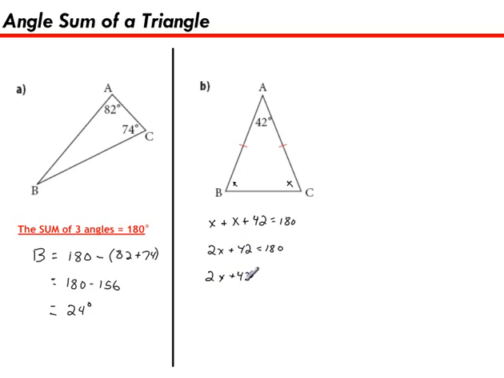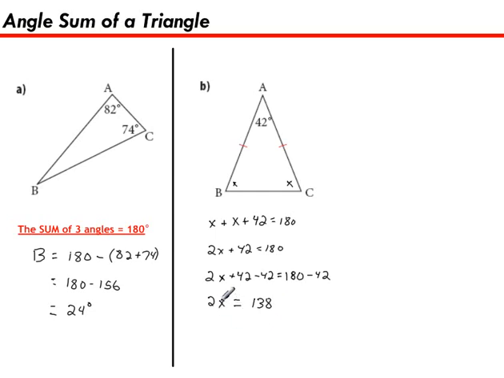Plus 42, and I'll say minus 42, is also equal to 180 minus 42. And next I'll clean this up a little bit further. I'll say 2x, and then I have a plus 42 minus 42. That just makes a 0, so I'm just going to leave that out. Equals 180 minus 42, that's 138.